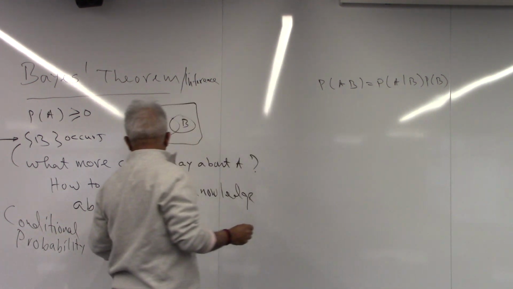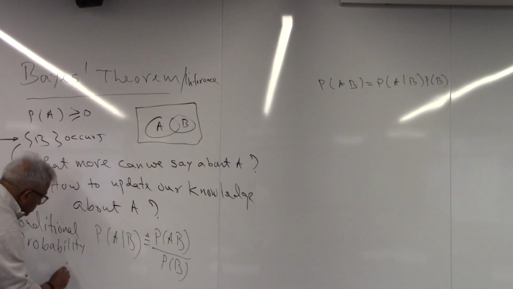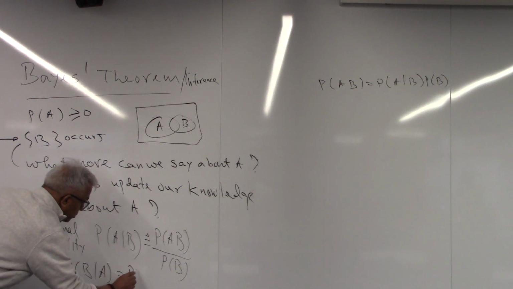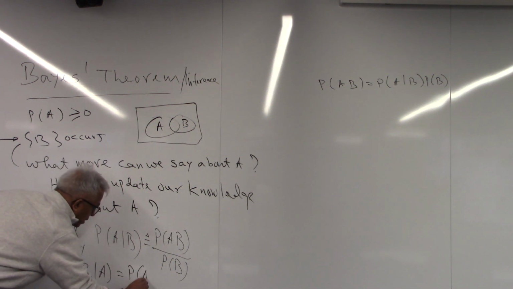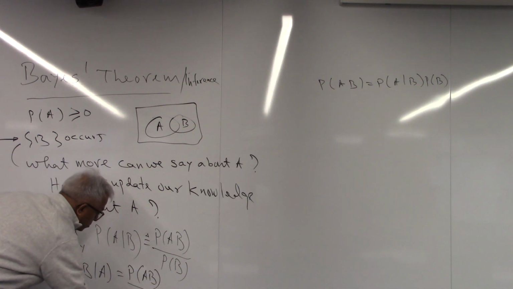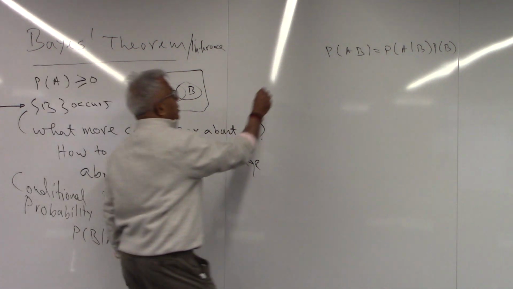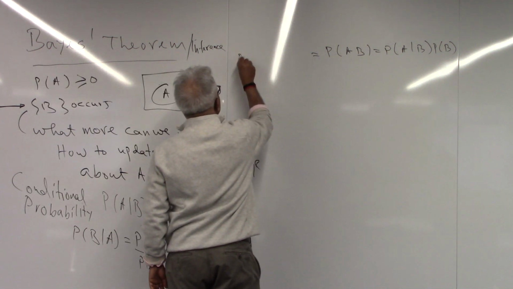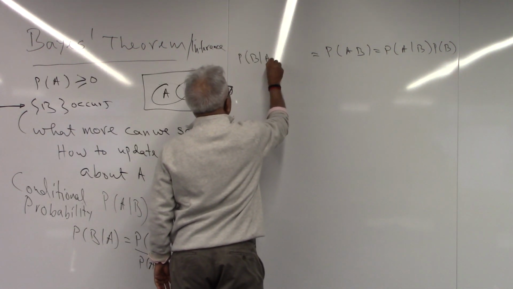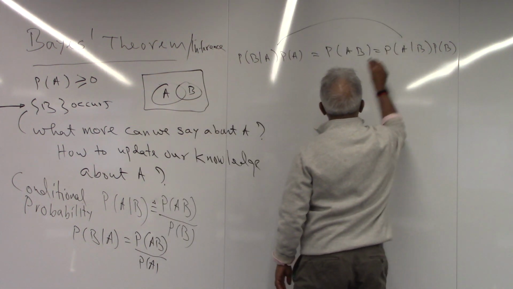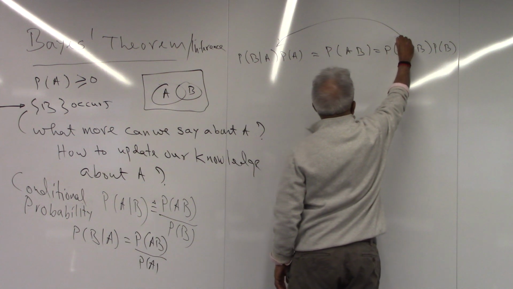And also if you write P(B|A), of course you flip A and B, that will be P(B∩A), which is the same as P(A∩B), divided by P(A). From here, if you cross multiply, we get the other relation: probability of B given A multiplied by P(A). Now if I equate these two, they are the same.